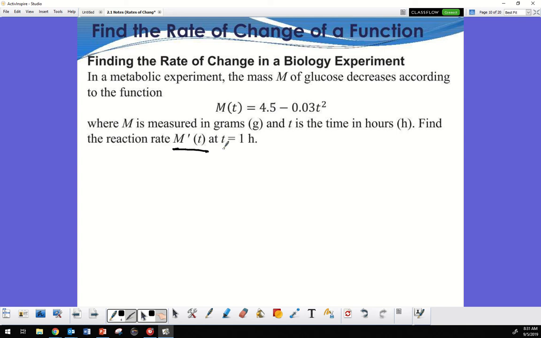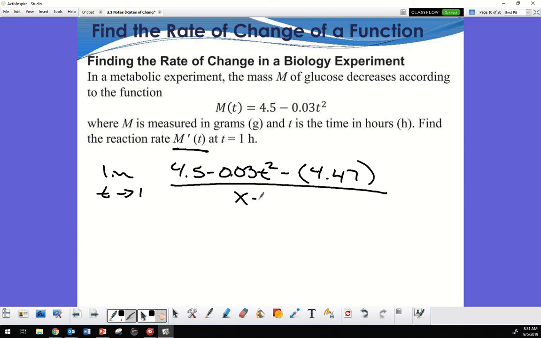Okay, so we're doing the same thing. The limit, in this case, is as t goes to 1, right? So it's 4.5 minus 0.03 t squared, minus, because I'm subtracting that, and then plug in 1, which gives 4.47, all over t minus 1.